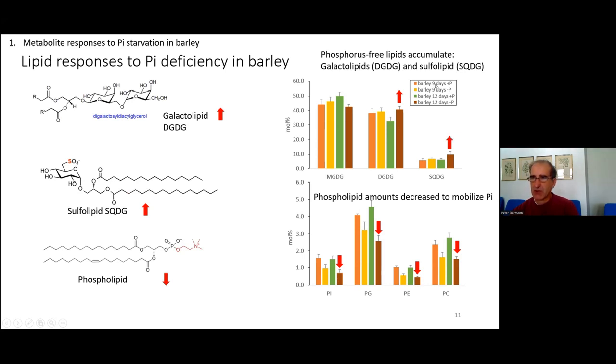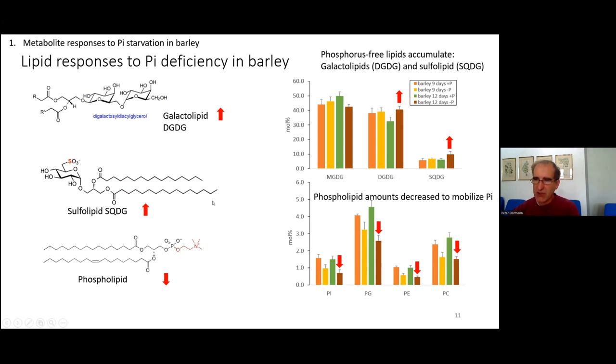We always compare 9 days plus or minus phosphate, 12 days plus or minus phosphate. MGDG doesn't change, as is known, but if you compare green and brown bars after 12 days, this galactolipid goes up and the sulfolipid also goes up. This is good. At the same time, the phospholipids, all 4 that you find in barley leaves, are decreased. So indeed, we have a shift from phospholipids to these 2 lipids in phosphate deprivation.